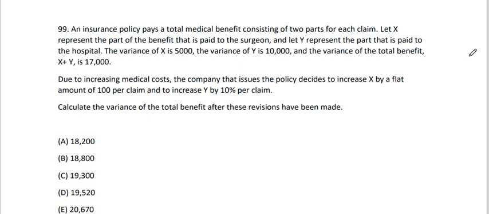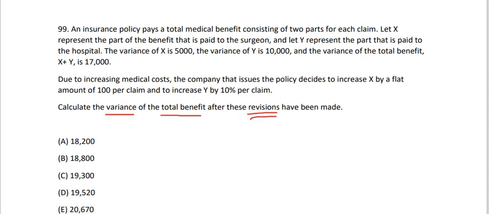Okay. So in this problem we need to calculate the variance of total benefit after this revision. So we want to find V. So total benefit: here we have two benefits, X and Y. Just like we want to find V(X plus Y), but this has been changed.